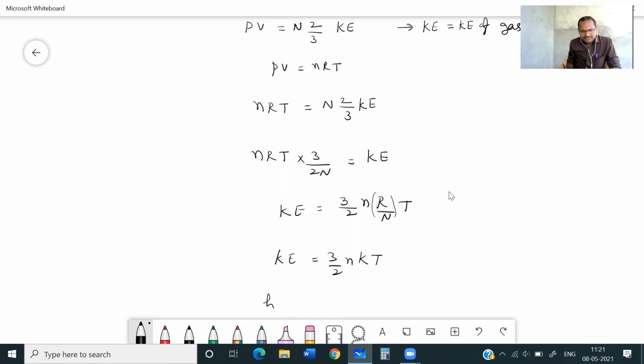Here K is nothing but the Boltzmann constant.